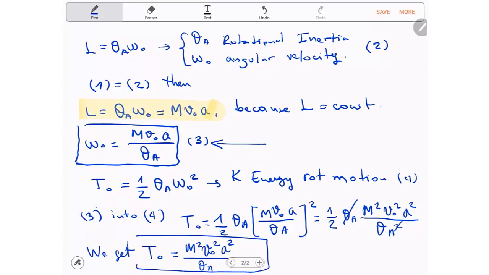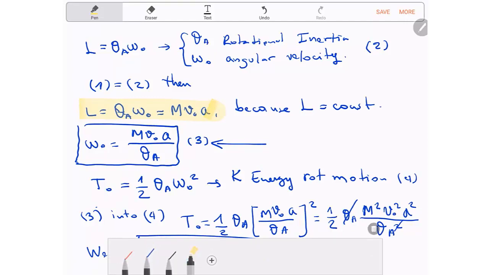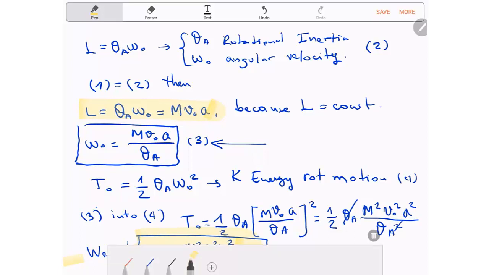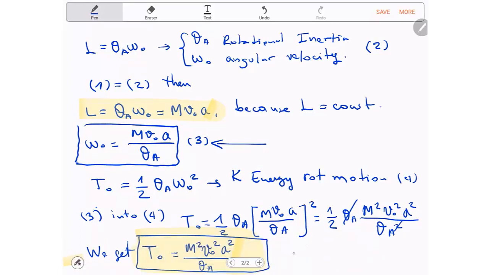And that's the final kinetic energy; this is how the kinetic energy looks like.